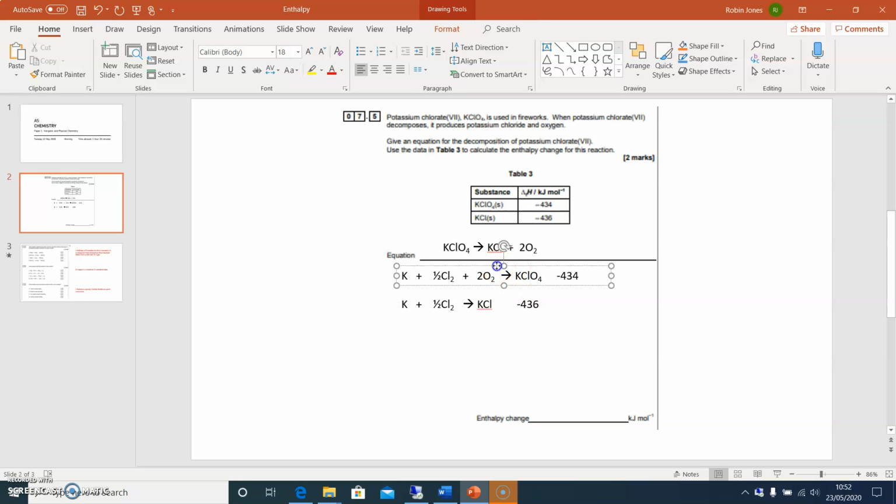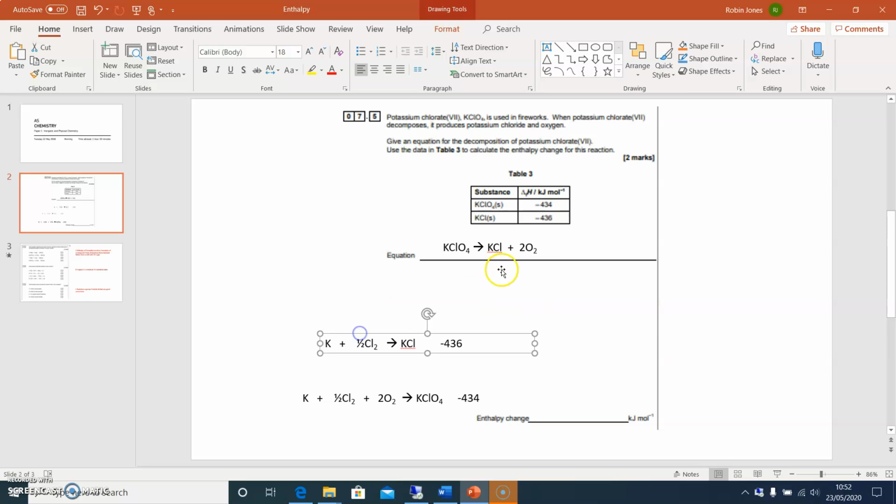Now I just need to match it. So what do I need to find out? I need to find out the enthalpy of this one. I don't know what this one is, and I need to find it out.